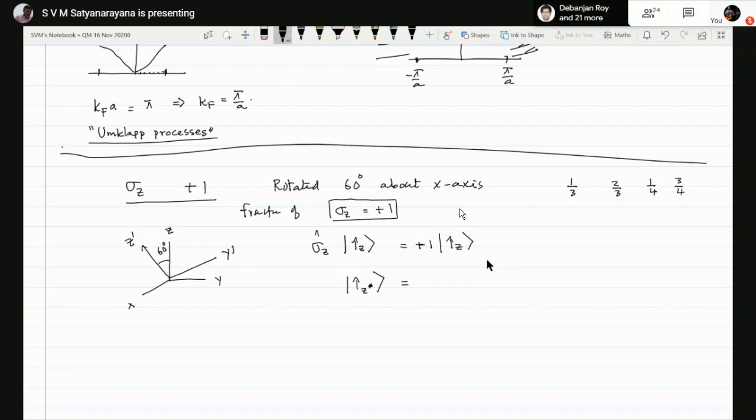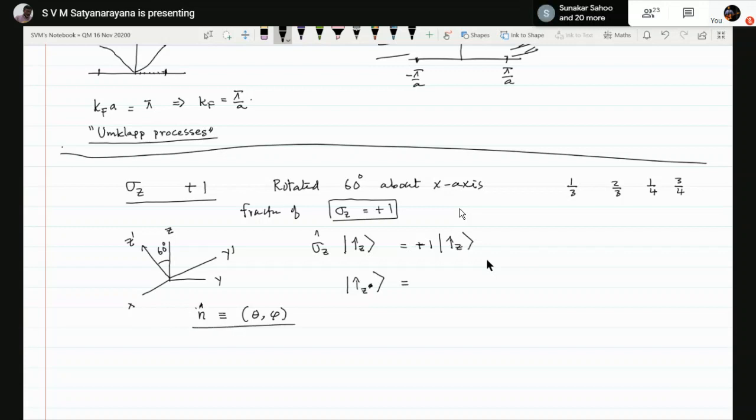So actually there is a general, like, suppose you have n cap, this is a unit vector, a point here with polar coordinates, let's say theta comma phi.